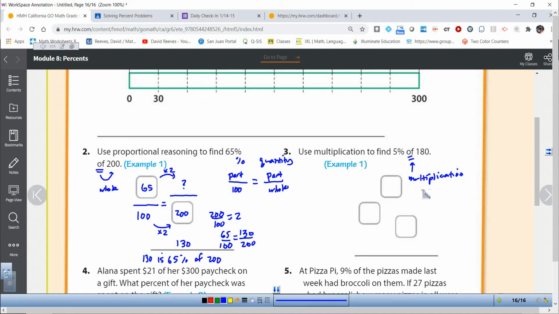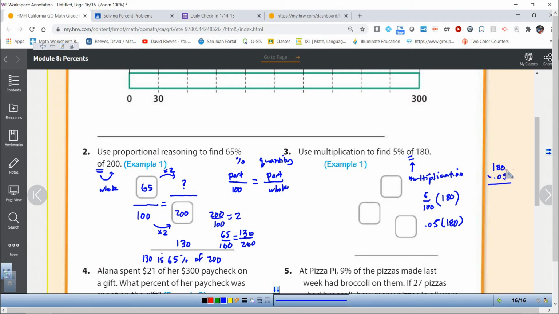So the multiplication method says take that 5% and write it as 5 over 100 and then multiply it by 180, or you can write 5% as 0.05 times 180. And then I would simply do that multiplication problem. All right, 180 times 0.05.